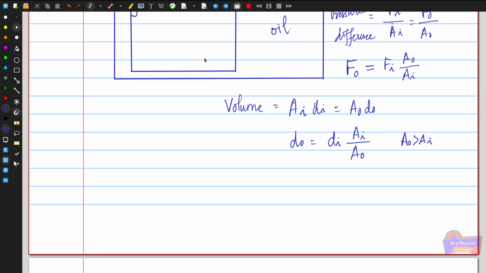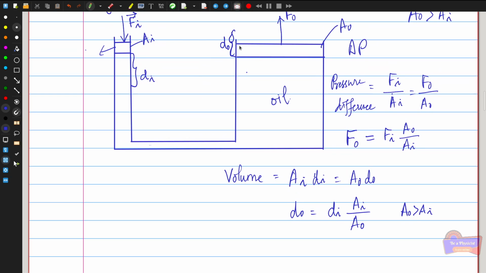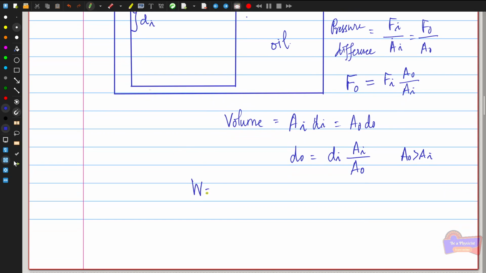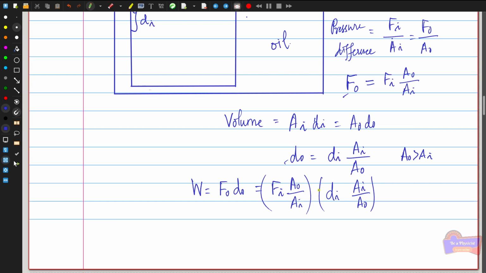Therefore, I can write the work done to move the piston on the right hand side by d_o. The work done W can be written as the force times the distance moved. The force is F_o and the distance moved is d_o. Substituting F_o and d_o into this equation, F_o is F_i times A_o divided by A_i, multiplied by d_i times A_i divided by A_o, so that A_o and A_i get cancelled.